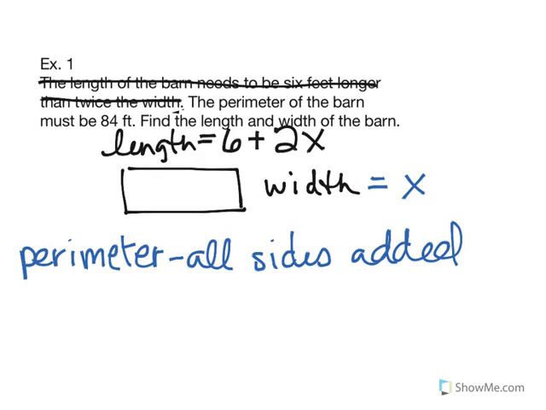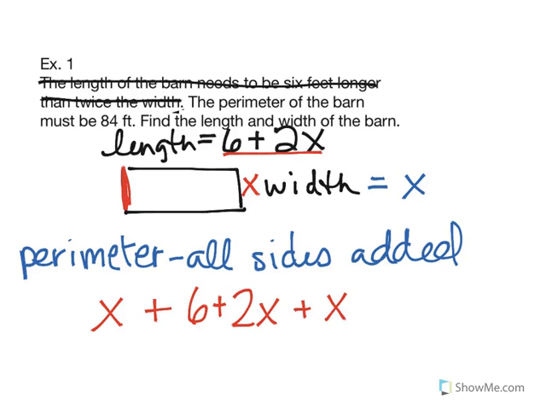So that means I'm going to take this side, which I called x. I'm going to take this side, which I called 6 plus 2x. Then I'm going to take another side, which is another x. And I'm going to take another length, which is another 6 plus 2x.